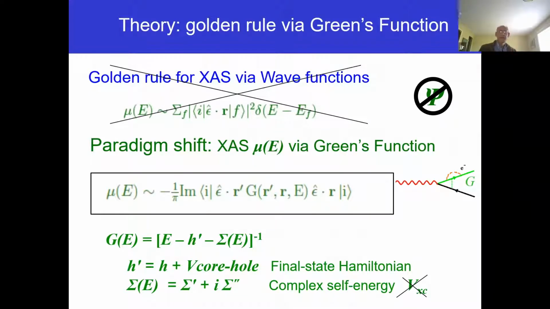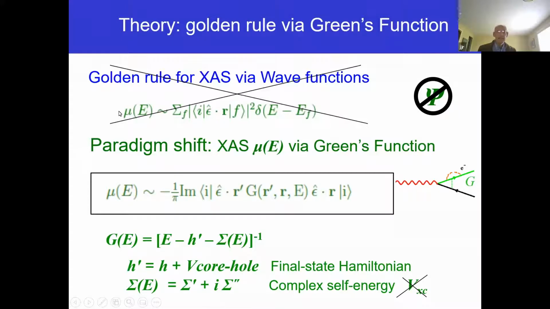So what's our theory? The theory that we're going to discuss is what's called a Green's function theory. We don't use quantum mechanics in the traditional wave function sense. So no wave functions. I don't know if you like that or not, but the problem with wave functions is that there are too many of them.